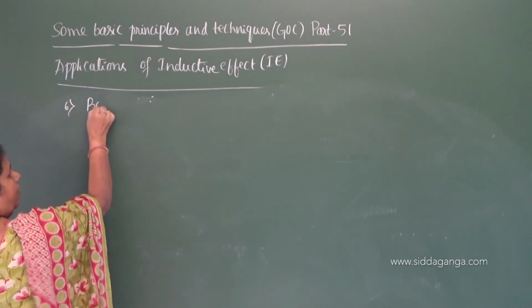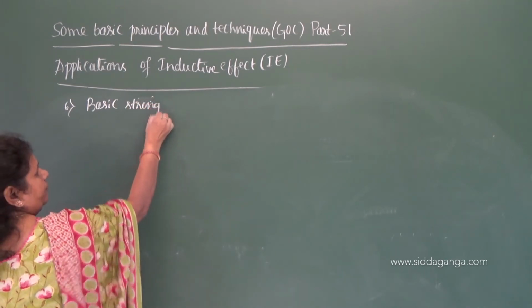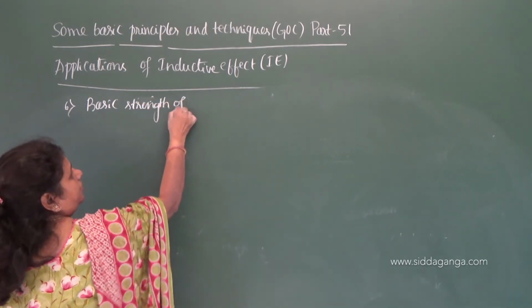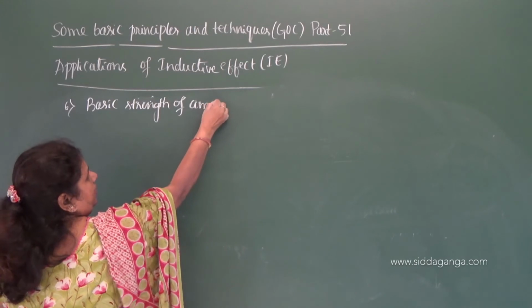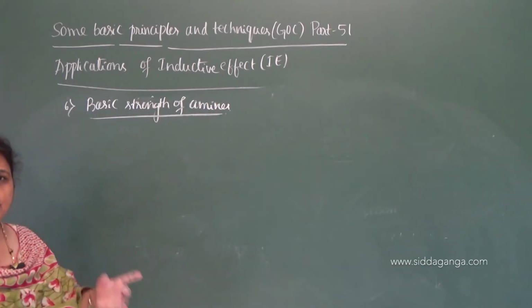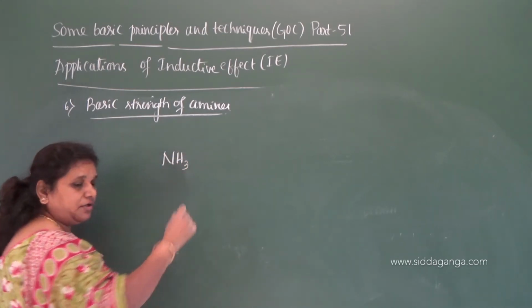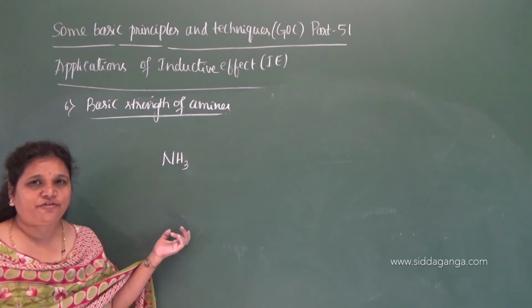Basic strength of amines. What are amines? Derivatives of ammonia. Ammonia, you know, is NH3. What do you mean by derivatives of ammonia?